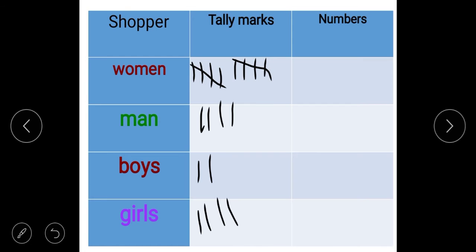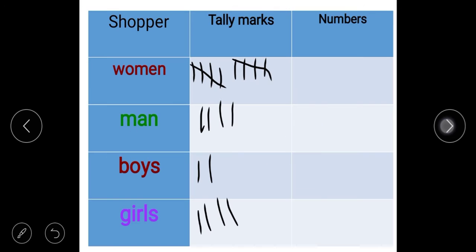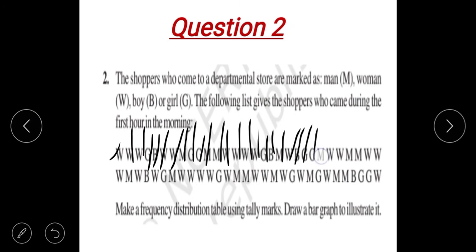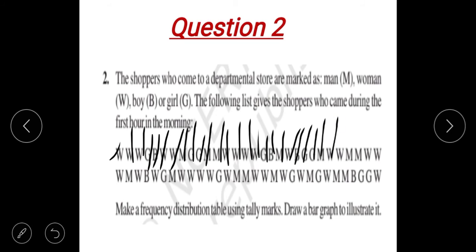So make all the tally marks by counting like this. Then you will have B and 2 G. This is 1 B and 2 G. This is 1 G and this is 2 G. M, 1 M, 1 M. Then again 1 2.